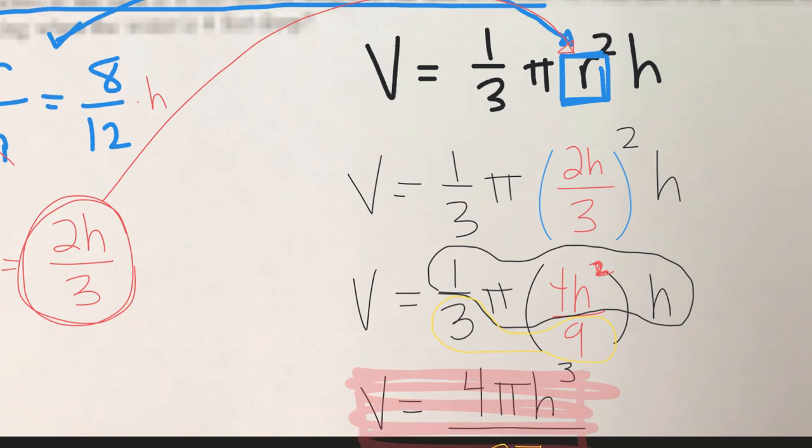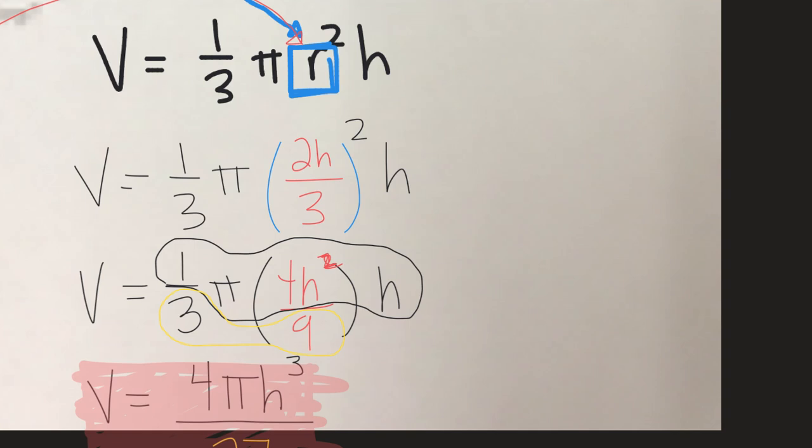The volume in terms of h. Only one variable to derive, which is much easier than doing two variables. So let's take the derivative of 4 pi h cubed over 27.